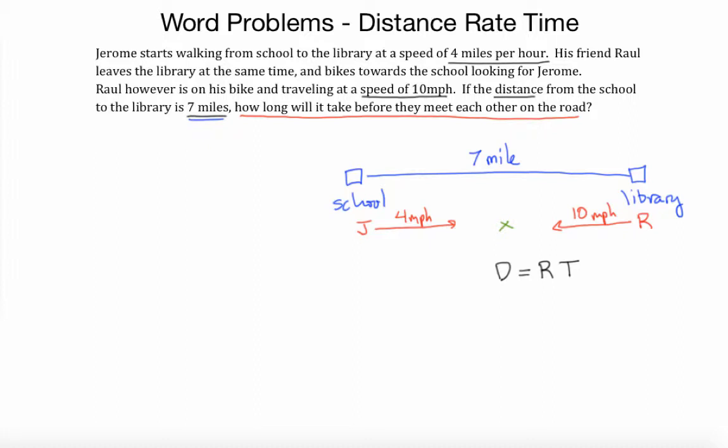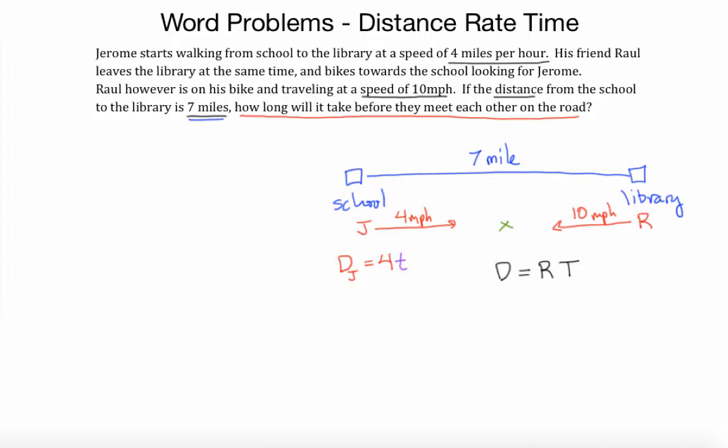Let's start with Jerome. The distance that Jerome is going to travel, I'm going to put J for Jerome, is going to equal 4 miles per hour times some unknown time that we're trying to solve. So I'm going to put a purple t for time.